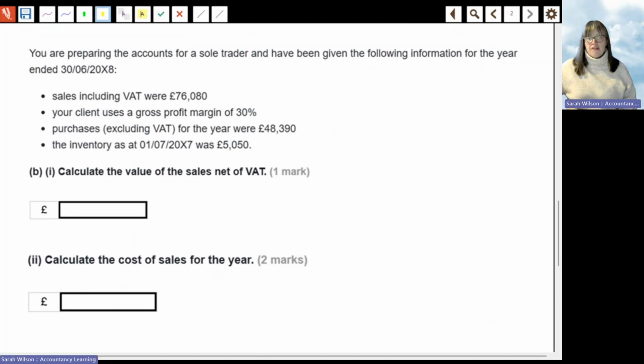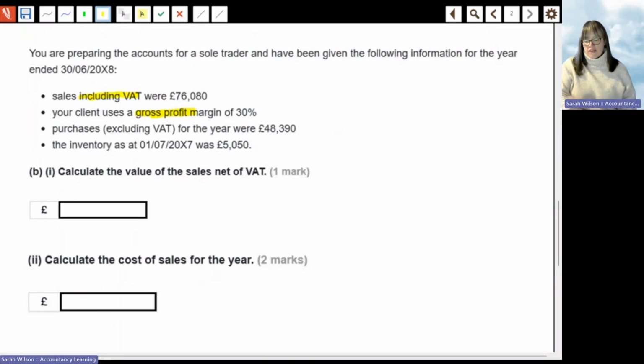Next, you are preparing the accounts for a sole trader and have been given the following information for the year ended the 30th of June 20x8. Sales including VAT were £76,080. Your client uses a gross profit margin of 30%.